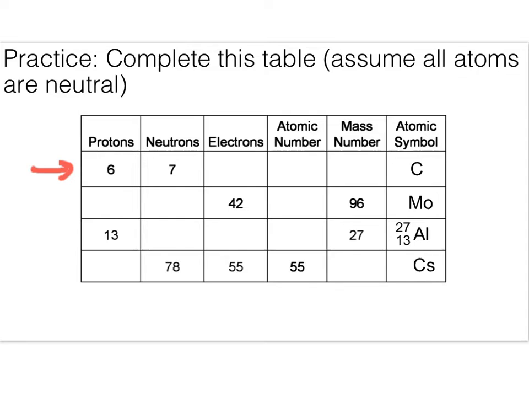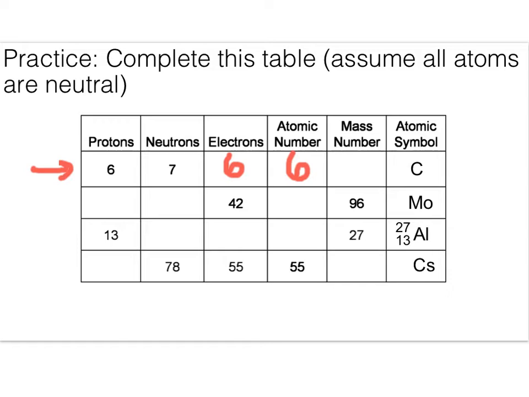Carbon has 6 protons. And if this is neutral, that means that our protons and our electrons must be the same number, because the positive and negative must cancel. So that means that this one must be a 6. And then if we're looking at atomic number, it should be equal to the number of protons that you have. And so in this case, we look over here, and we should also have 6.